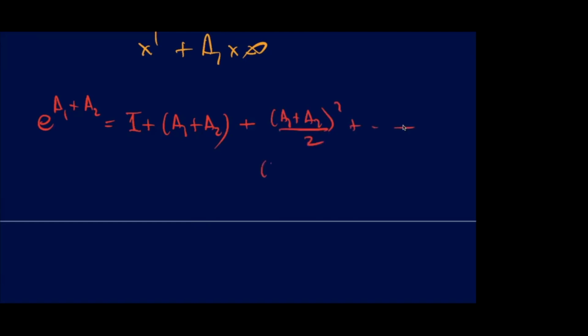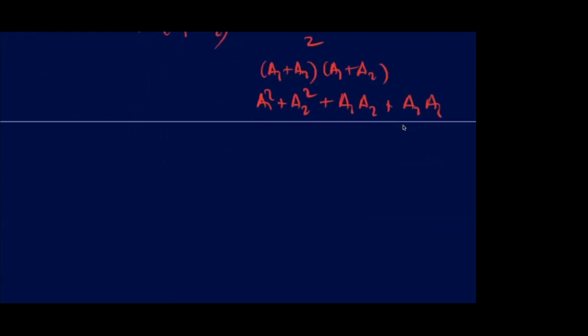And when I expand this term, (A1 plus A2) multiplied by (A1 plus A2), I have A1 squared plus A2 squared. And be careful here, because if A1 and A2 don't commute, this gives me A1A2, but also A2A1.